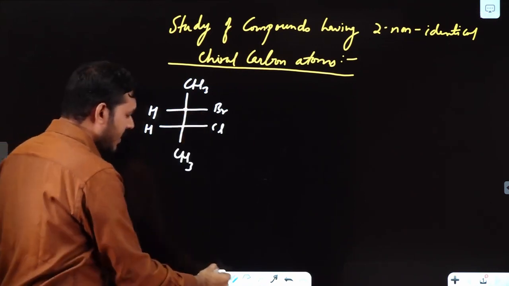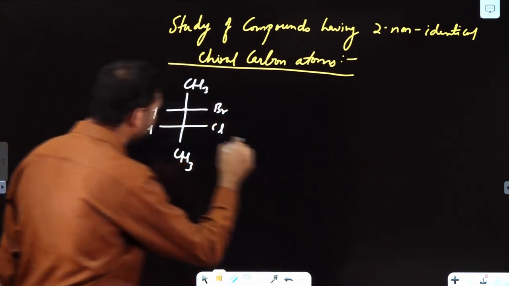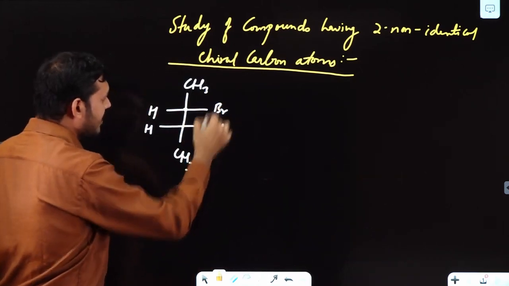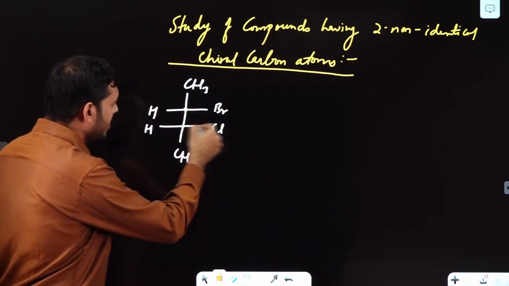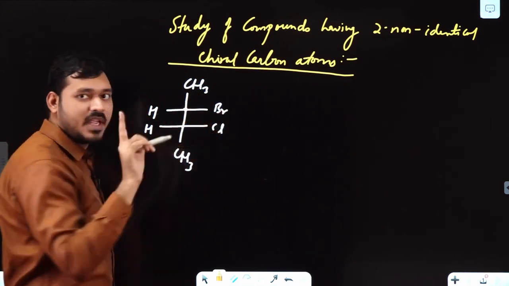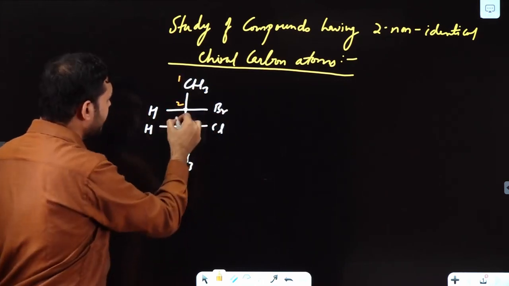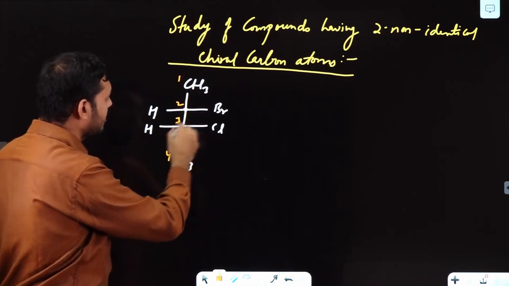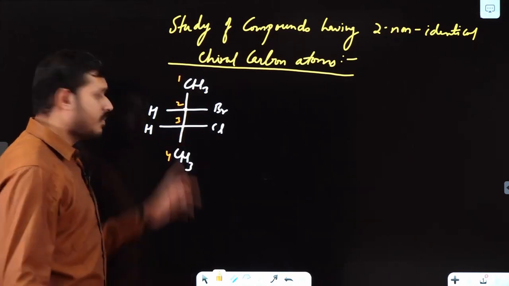If I make numbering, I can say the 2, 3 position is having substituents. From this side 2 chloro and 3 bromo, from this side bromo and chloro. So B comes first: 1, 2, 3, 4. Okay, 2 bromo, 3 chloro butane.